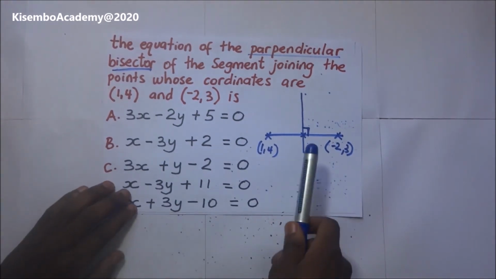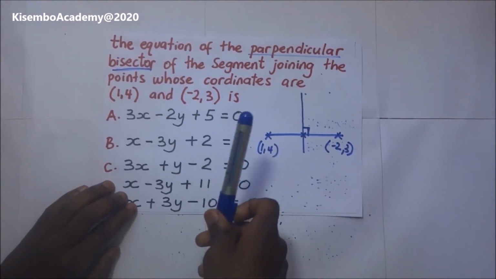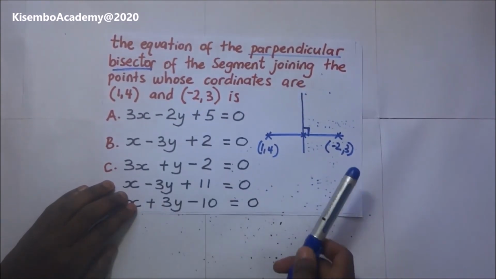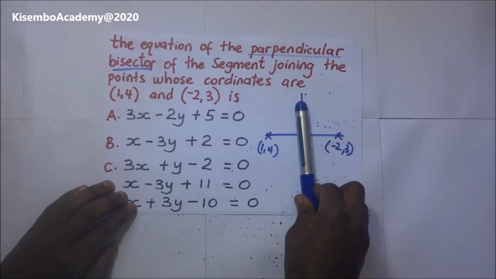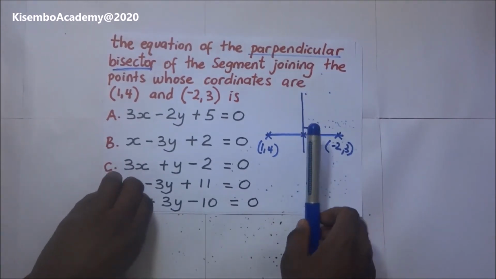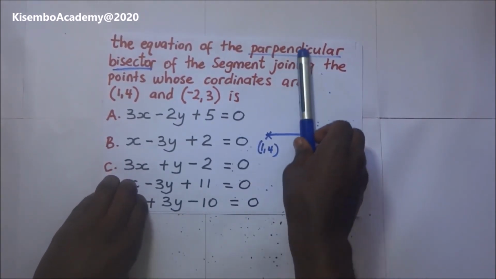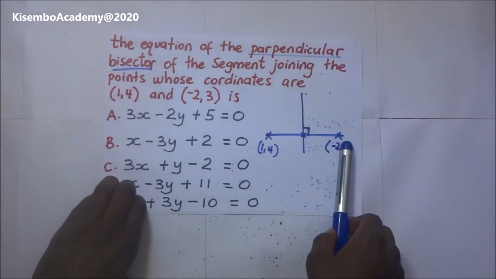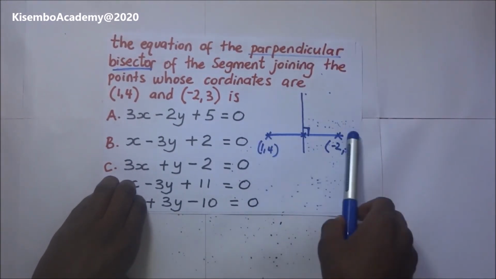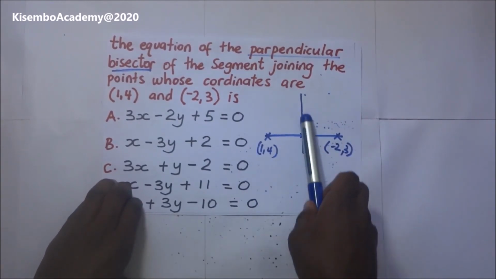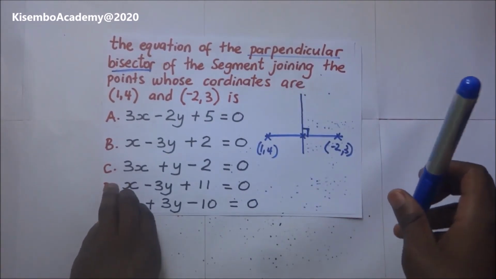So for us to find the equation of this perpendicular bisector, first, we need to find its gradient. If we know the gradient of this line, the gradient of the perpendicular bisector is simply the negative reciprocal of it, since the gradient of this line times the gradient of that line is supposed to give us -1.